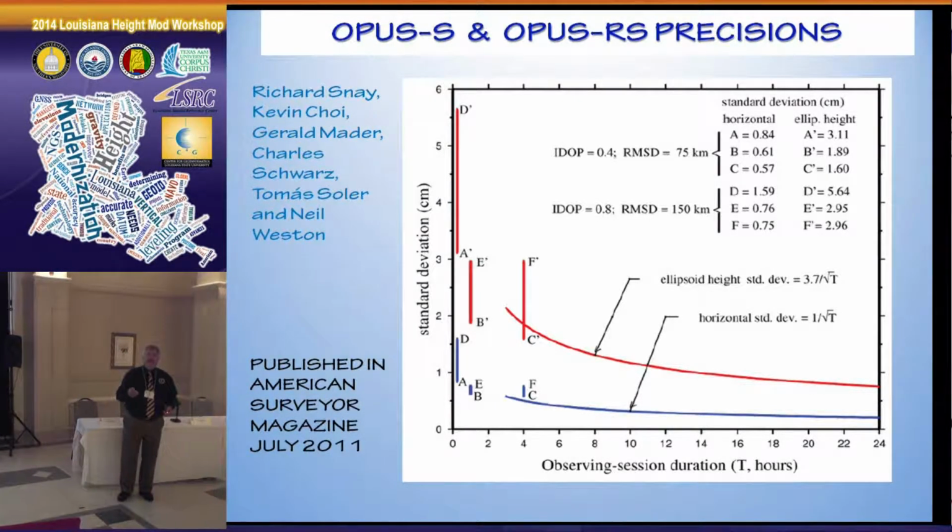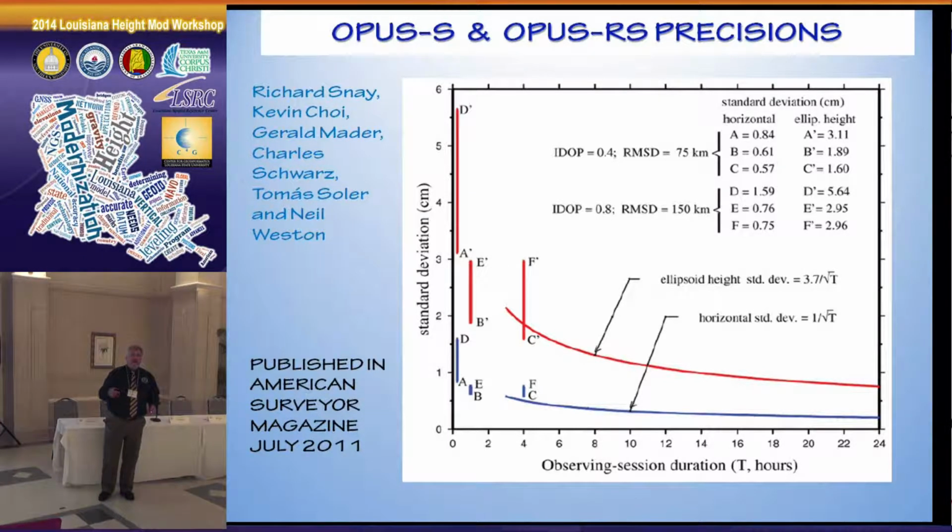Another thing to remember, this is not gospel. When you get a point from OPUS and it says orthometric height and gives you a value, and I think here I'm preaching to the choir, but don't figure, well, that's good, because it may be 5 centimeters, it may be 3 centimeters, it may be 10 centimeters, it may be more than that.